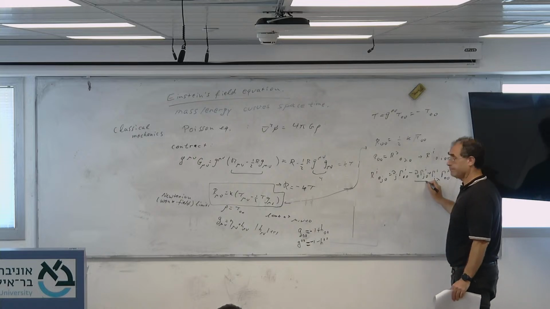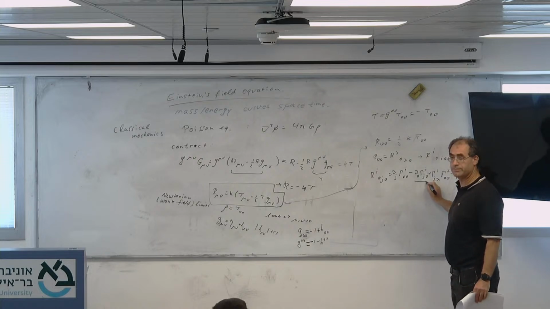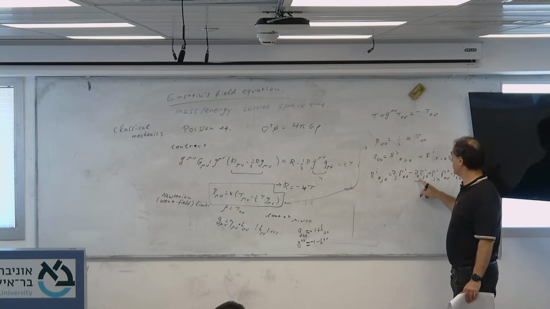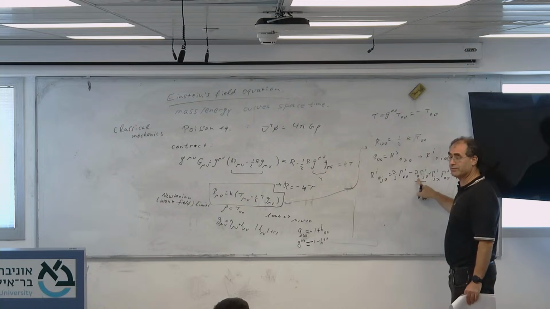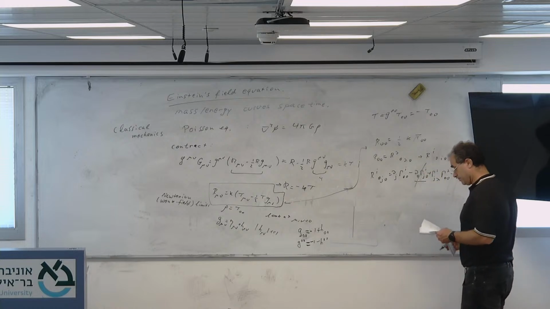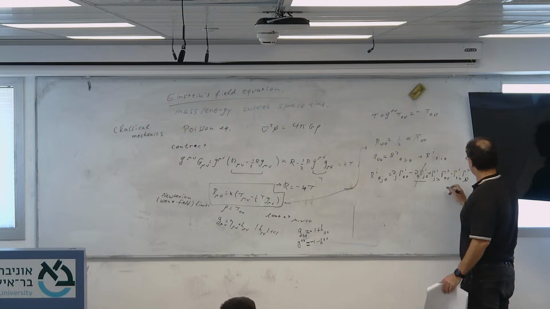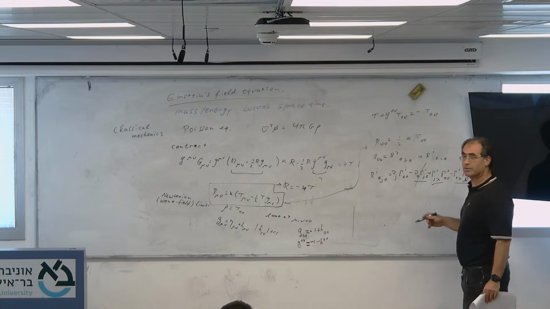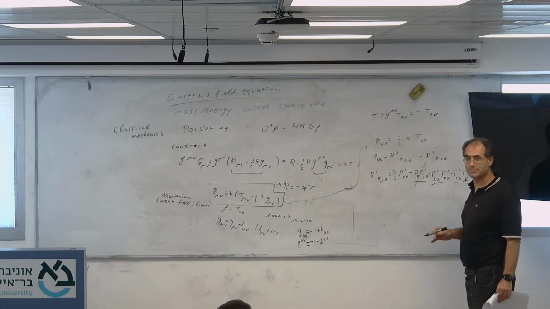What is that? Zero, right? It's a time derivative, and we said in the weak field limit, things are not changing in time. So this is 0. These two terms, I argued they are small because gamma is going to be small anyway.